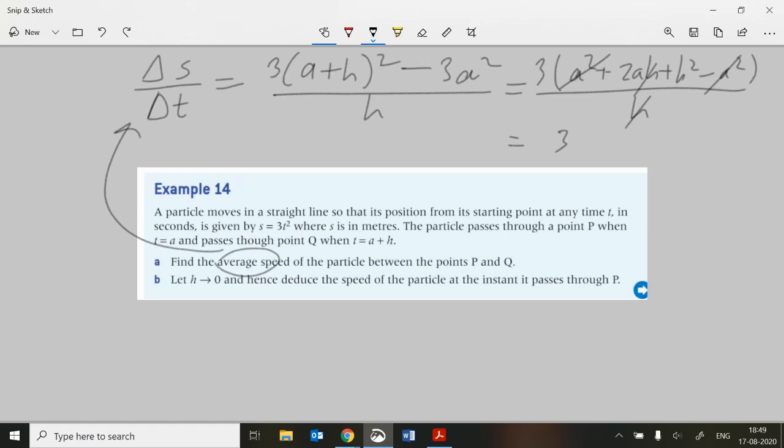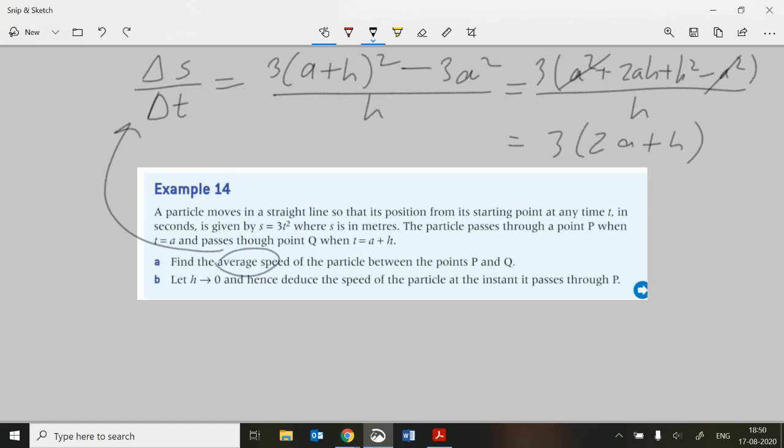If we factorize out the h from the top, we can cancel that h, and we're just going to end up with 2a plus h on the top. So that's the average speed, and obviously that's going to be in terms of a and h, having used our formula for displacement as well. We can't really say much more than that. It's dependent on a and h. So there we go.